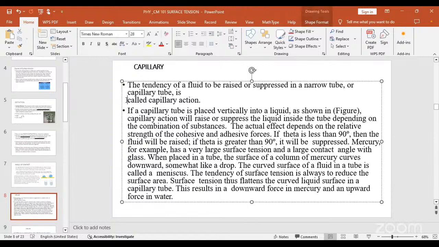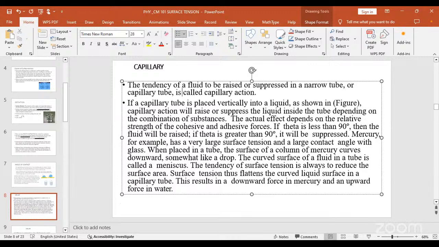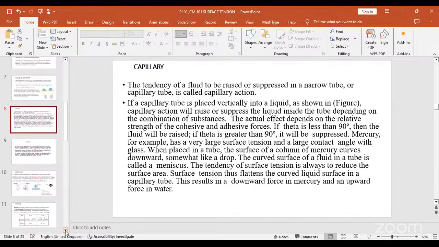For instance, when you use your straw, if you insert it inside your drink, you may see the liquid rising up in that straw. So that straw you are using to take the drink is regarded as a capillary tube.